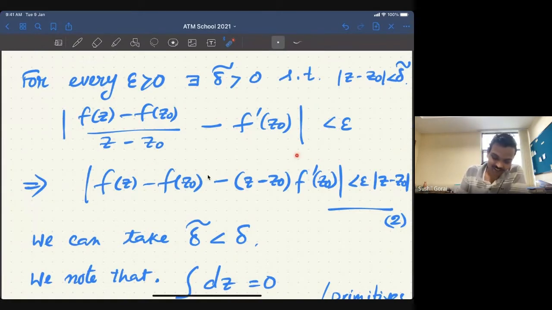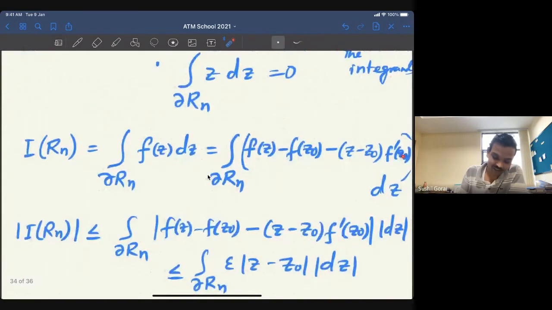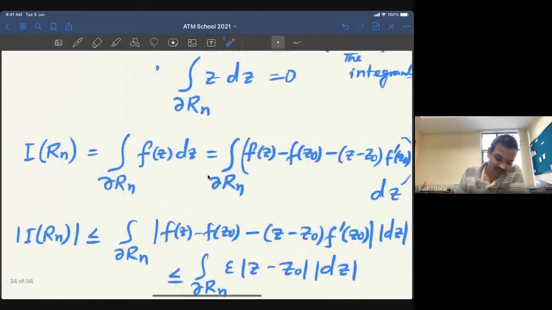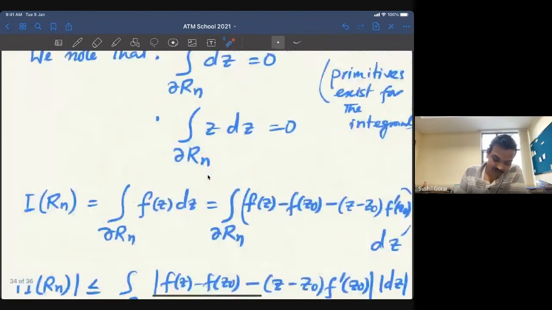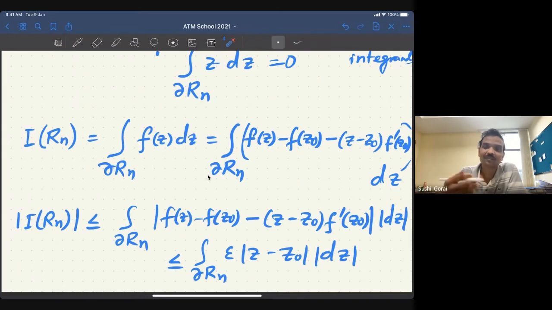And here we never used this one. So this was the observation Goursat made, and he concluded that the continuity of the derivative, which we assume in the definition of holomorphicity, is actually redundant.